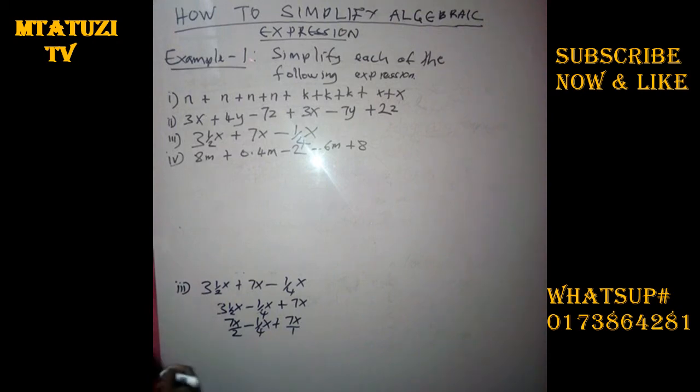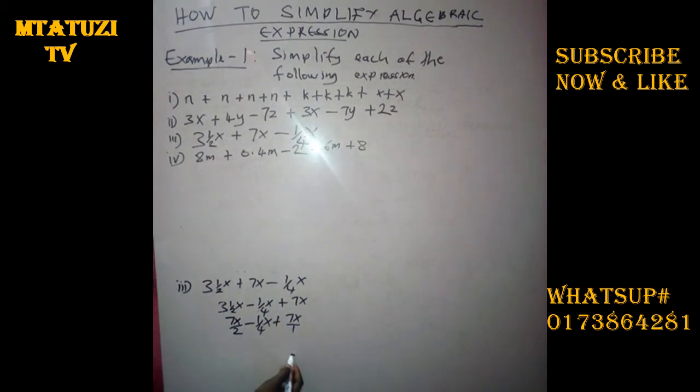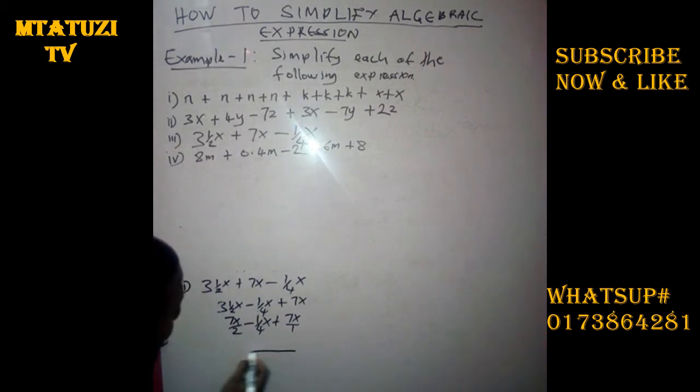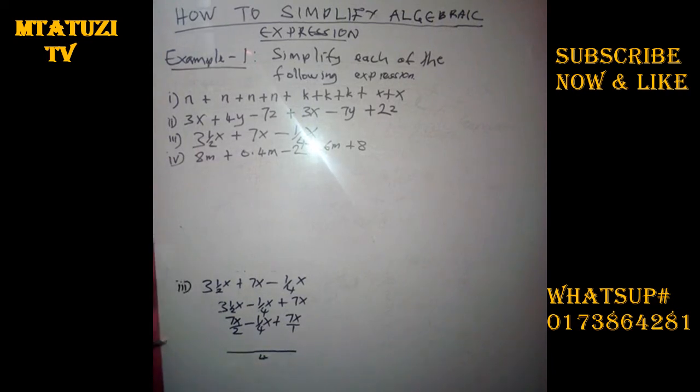So now find the LCM between 2, 4 and 1. You know how to calculate the LCM. The LCM is the least common multiple of these numbers. The least common multiple of 2, 4 and 1 is 4.